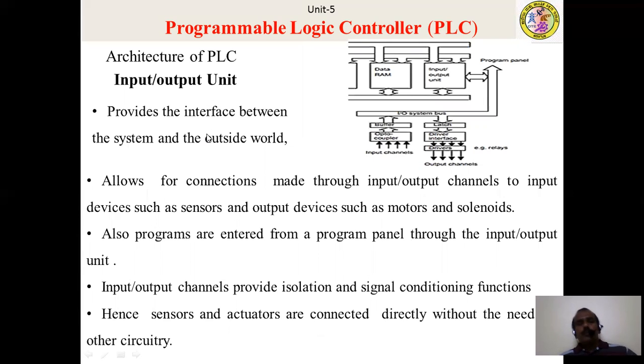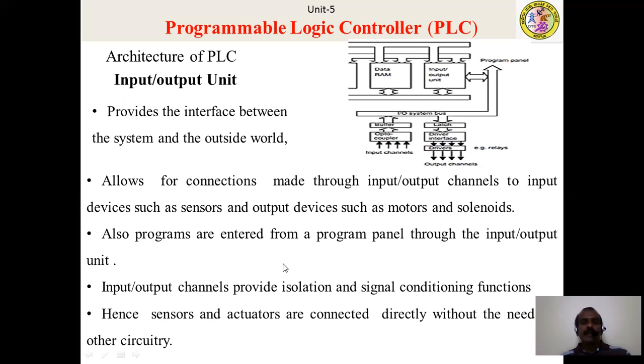Coming to the input-output unit, the input-output unit provides the interface between the system and the outside world. It allows for connections made through input-output channels to input devices such as sensors and output devices such as motors and solenoids.